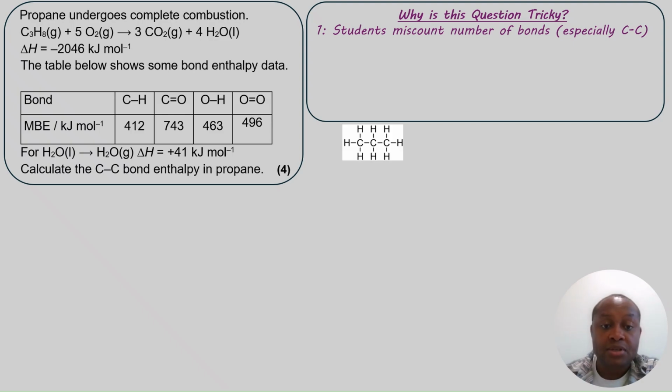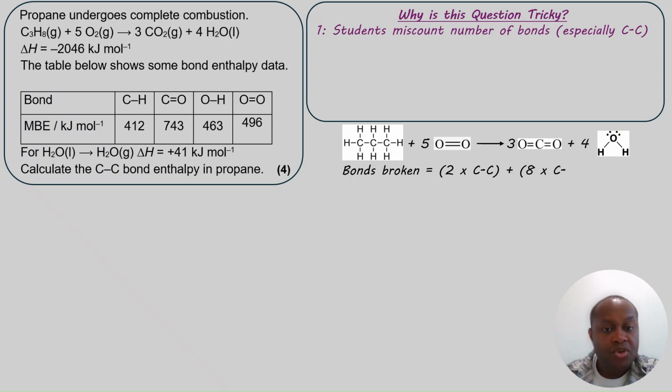So if we look carefully, we'll see that we have a molecule of propane drawn out in displayed formula with all the bonds shown, reacting with 5 moles of oxygen, drawn out again in displayed formula with the bonds shown, to give 3 moles of carbon dioxide, again drawn out in displayed formula, plus 4 moles of water. The reason why I like students to draw this out in displayed formula is that it becomes very easy for you to count up the number of bonds.